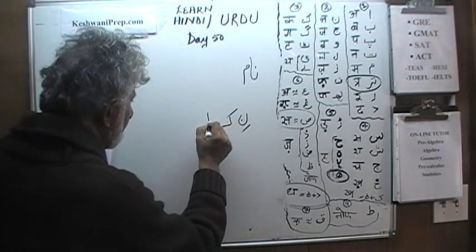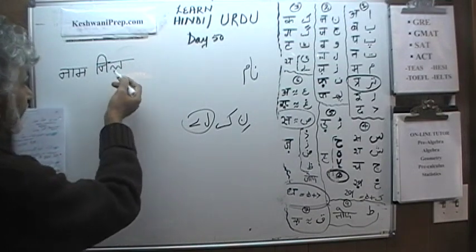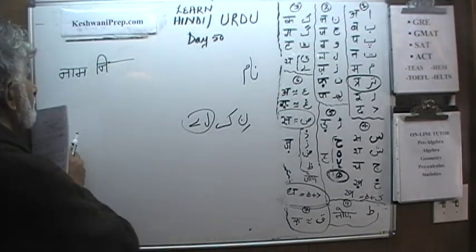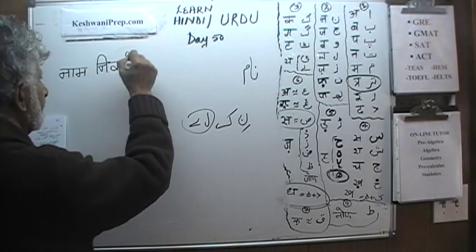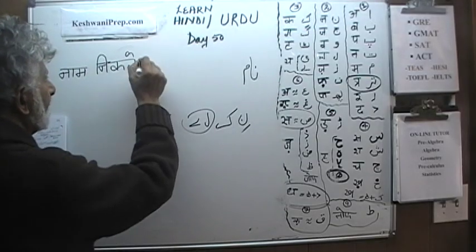And then lam with a badi hai. That's one matra. Oh, that's not a k, that's a l. Nikle. Nikle, and then ga will simply be gaf and alif.